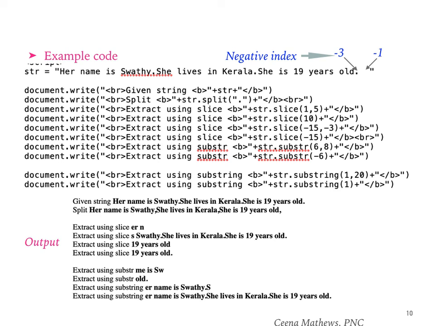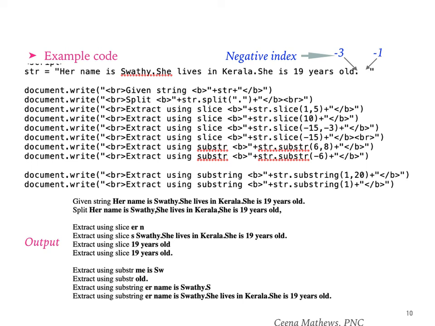And the next one is using the substr method, which uses two parameters, 6 and 8. It starts at position 6, and the second value is not an end but the length, so start position and length are taken.